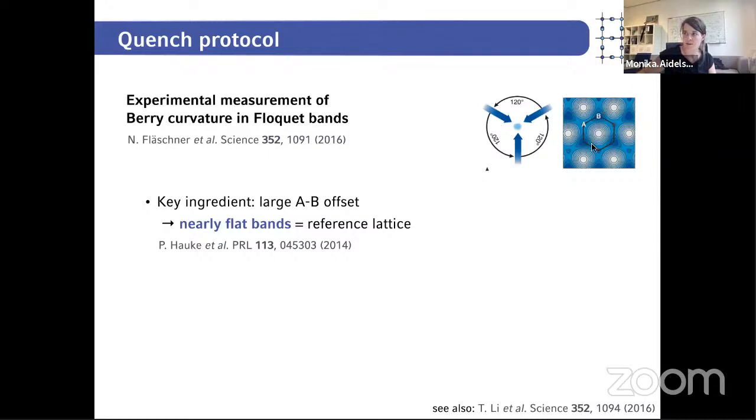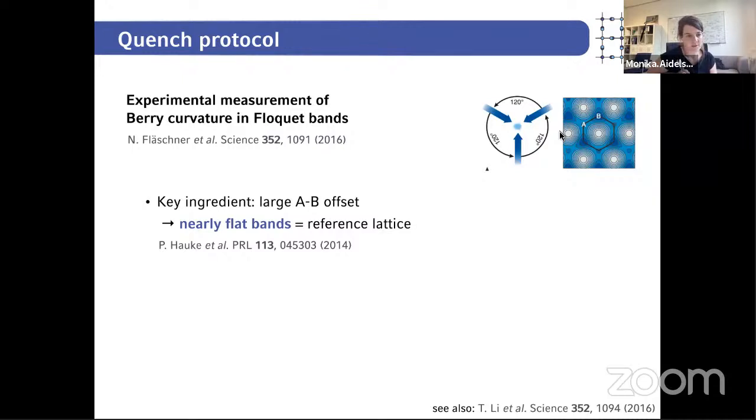Okay, so we have all the ingredients to tune the different parameters of the Haldane model. And now the question is how to extract the Berry curvature. These measurements were actually done with fermionic atoms, where the Fermi sea occupies the complete lowest band, all quasi-momentum states.